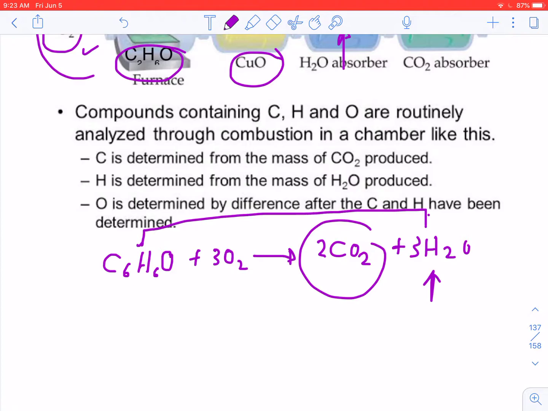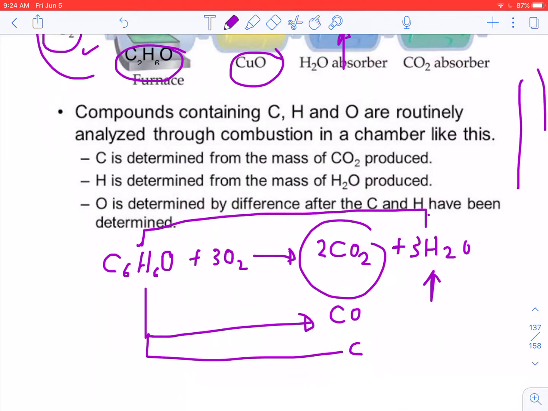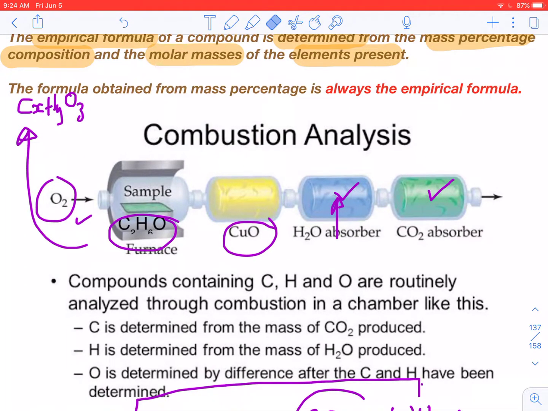when the sample is burnt in this furnace, what can happen is that sometimes you don't get carbon dioxide, you may get carbon monoxide, or you may even get carbon, right? So when that happens, you are not going to get these samples in the carbon dioxide absorber. So what the copper oxide actually does is that it oxidizes the carbon.